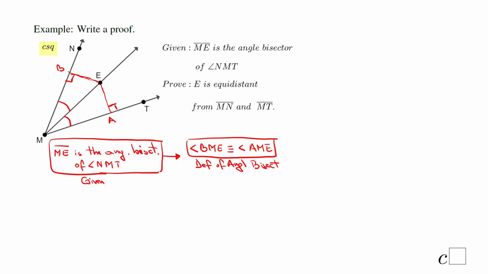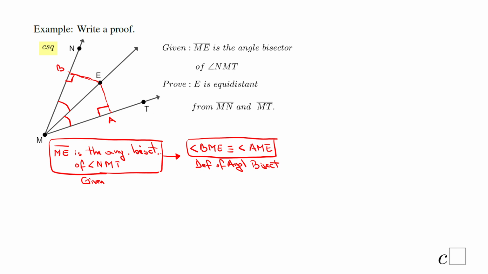Okay, and my next thing will be to write what? Let me change something in my picture to make more sense, which will be this angle is a right angle. And why is this angle a right angle? Because remember, this represents the distance from point E to the sides.